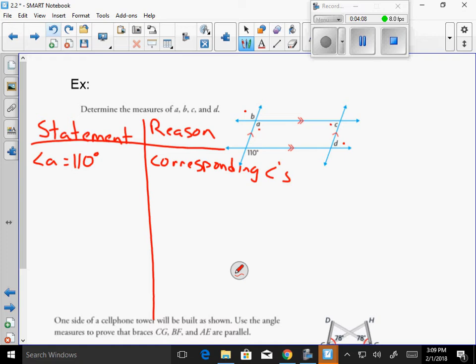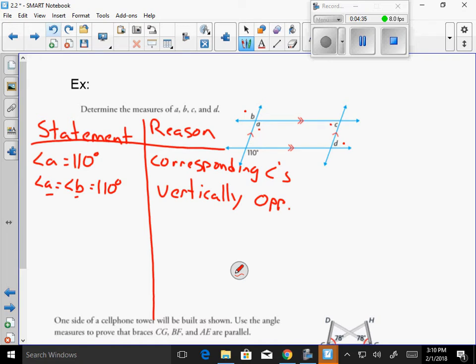Then with that, I could say that angle A equals angle B, which equals 110. And the reason I know angle A equals angle B is that these are vertically opposite. I just put vertically opposite for shorthand. You could put VO if you wanted to, that's fine.